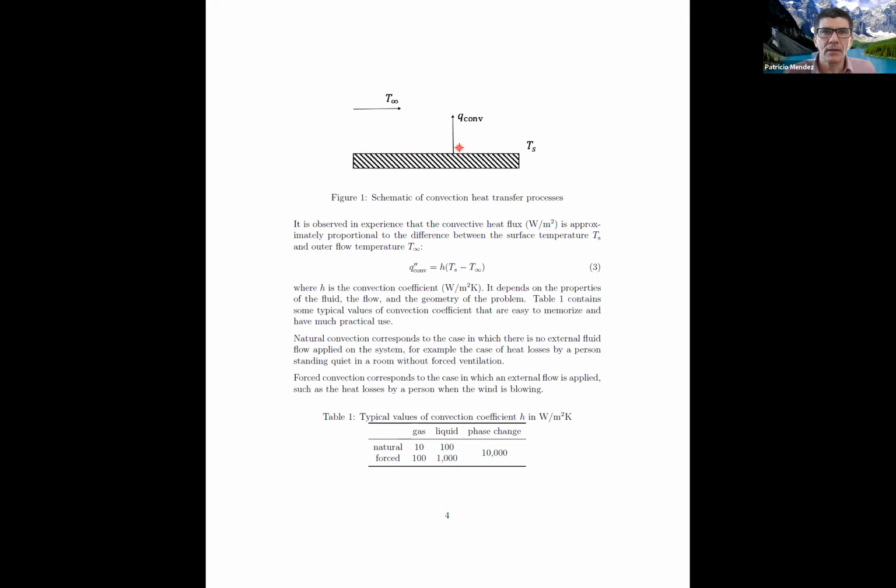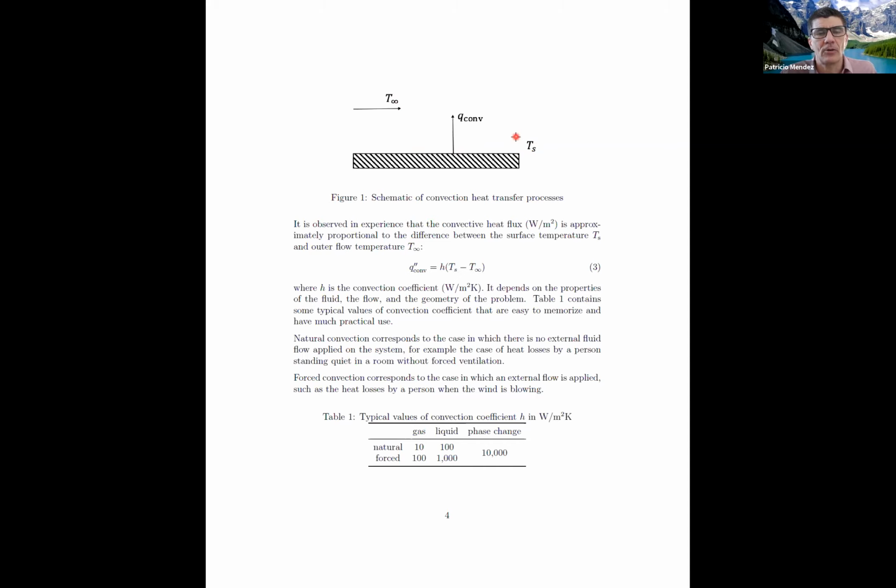The fluid can be water, air, or molten tin in a nuclear reactor, right? It can be anything as long as it is a fluid. And this fluid has a temperature we're going to call T infinity, which is the temperature of the fluid far away from the surface, right?